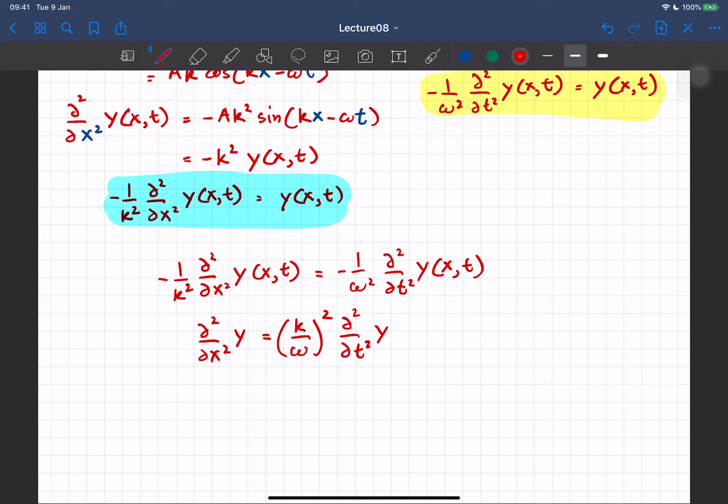So this is what we call the wave equation. It's quite important, but unfortunately, or fortunately for you all, we're not going to use this much in this class because, by the look of it, it's a partial differential equation, which in general is very hard to solve. But it's there, so you should at least be able to identify, okay, this is the wave equation.